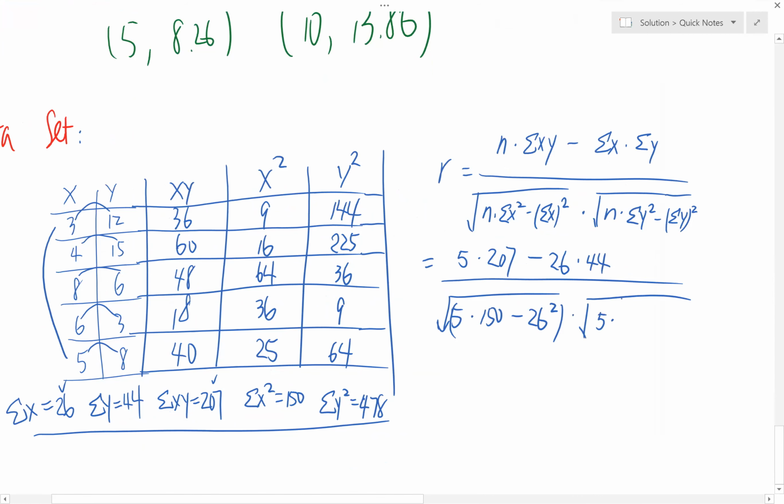And 5 times summation y squared, that's 478, minus summation y, 44, squared.